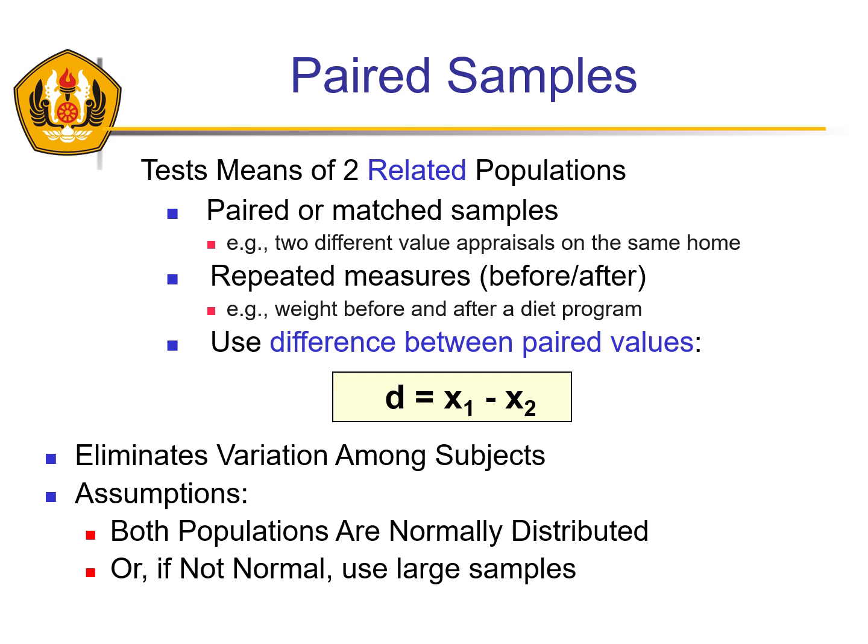So we will actually test the difference between two values, x1 and x2. We also have assumptions for this test. Both populations are normally distributed, or if the assumption is not fulfilled, then we can use large samples so that we can say the population is also normal.